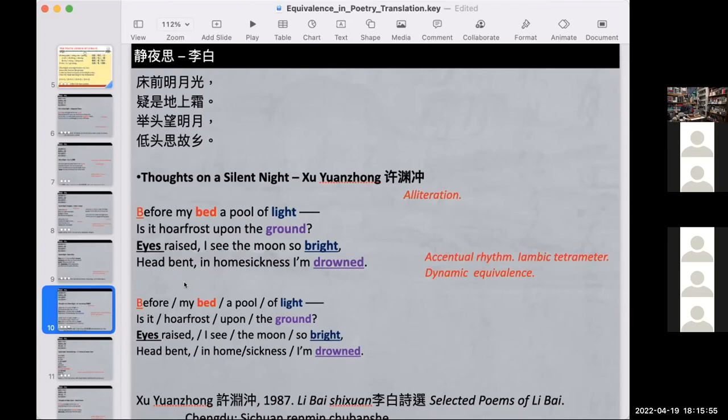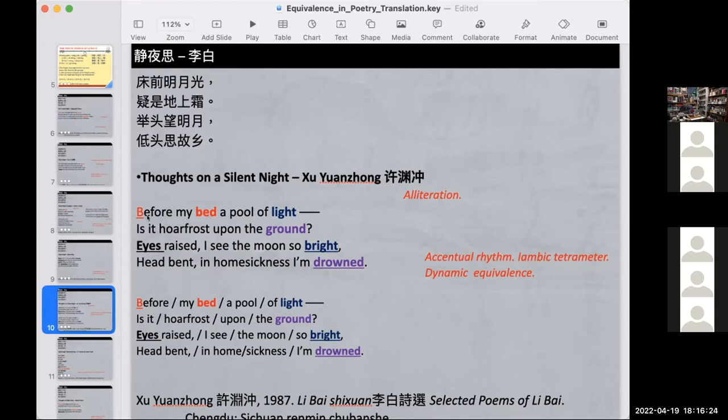This is also because you don't put stress on the ness of sickness, no. But he ends the line with a full iambic: I'm drowned. This is iambic. And with the end rhyme, he managed to achieve this rhythmical effect.